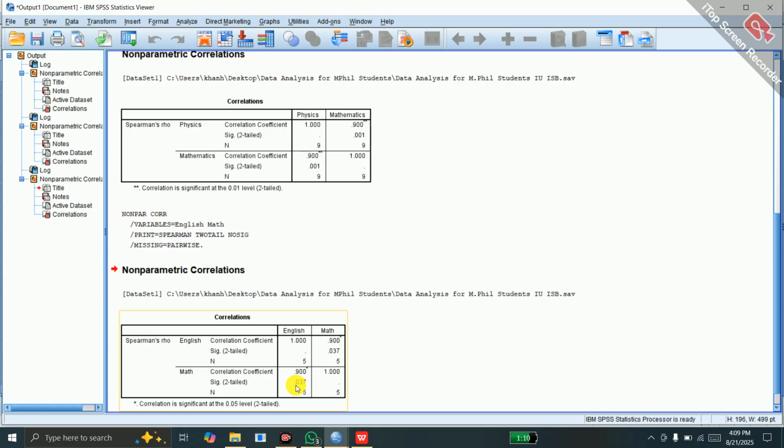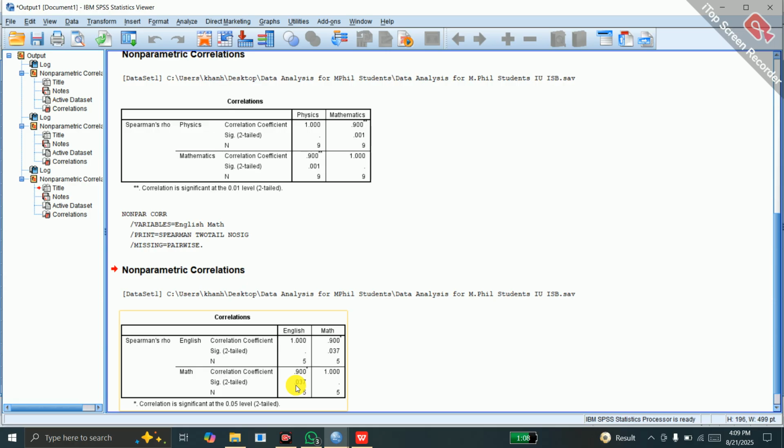So my dear students, this is how we compute Spearman's rank correlation. And the question that I asked earlier was, what is the main difference between Pearson correlation coefficient and Spearman's rank correlation coefficient? The only difference between the two is that we usually compute Pearson correlation coefficient for data that fulfill the assumptions required for computing Pearson's correlation coefficient.